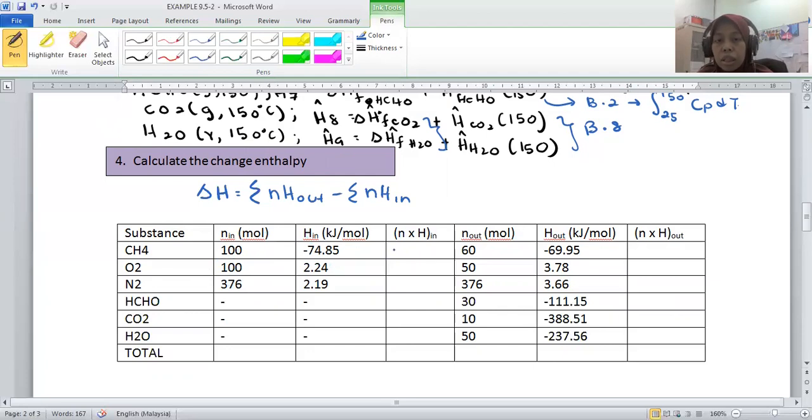I directly put all the information here. So I got here 100 times 74.85, and then 224, and then 823.44. So I got the value here negative 6,437.56.